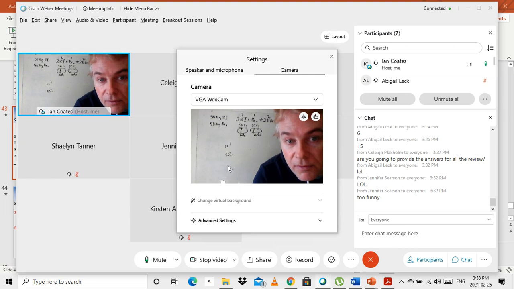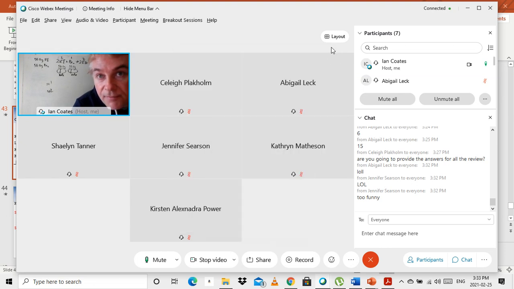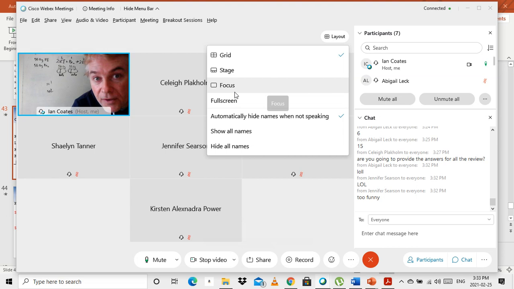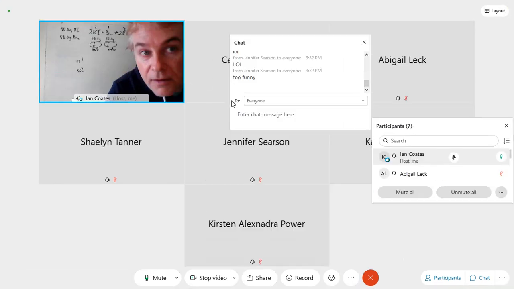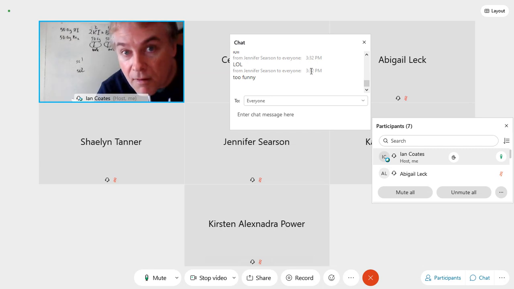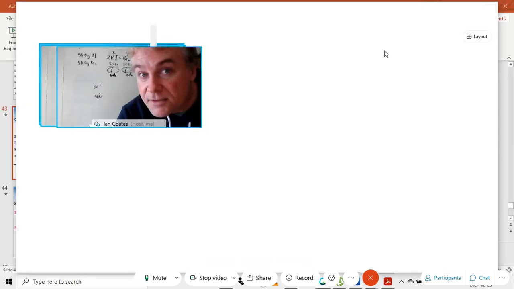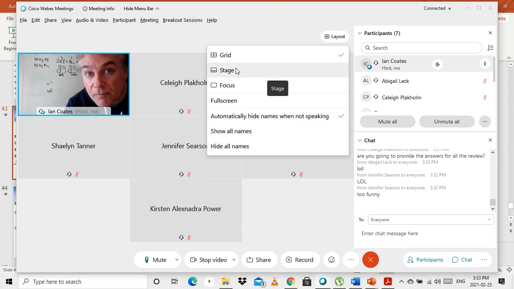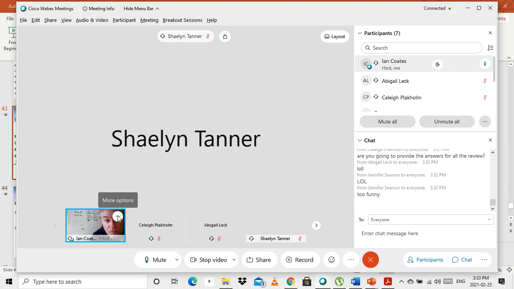I'm going to see if I can try and switch audio, mute, camera settings. No, it doesn't like it. I don't know. Grid, stage, focus, full screen. No, didn't like that either. Layout. Exit full screen. So why aren't I the stage?